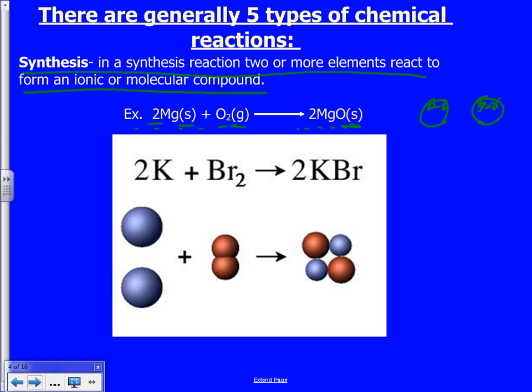All right. On your periodic table, flip that open right now. It's a good time to talk about this. On your periodic table, some of your elements are highlighted.